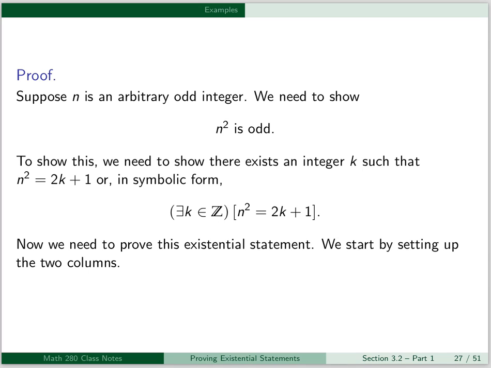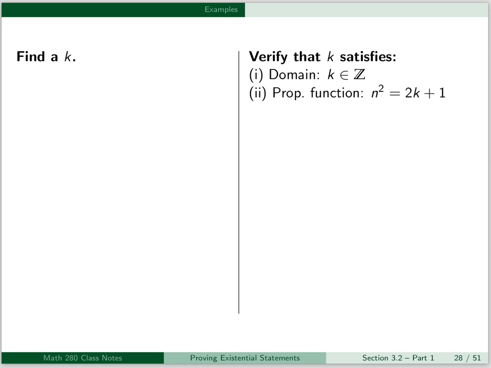So we'll start by setting up the two columns. In the left-hand column, we need to find our example k. In the right-hand column, we need to verify that k satisfies the two conditions: the domain, k is supposed to be an integer, and the propositional function, n squared equals 2k plus 1.